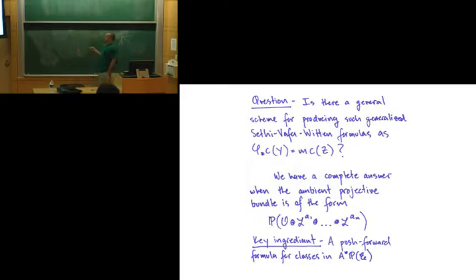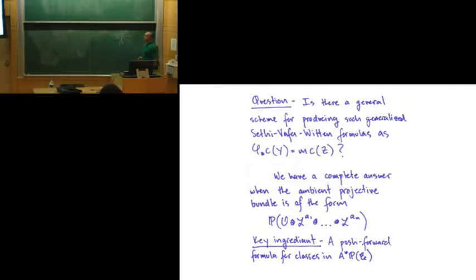So the partial answer is, well, we have a complete answer when the ambient projective bundle is of the form P of O plus direct sums of tensor powers of L. So I admit that this is kind of a restricted class of projective bundles to look at, but all the elliptic fibrations used in physics, at least the ones I've seen so far, are embedded in projective bundles of this form.